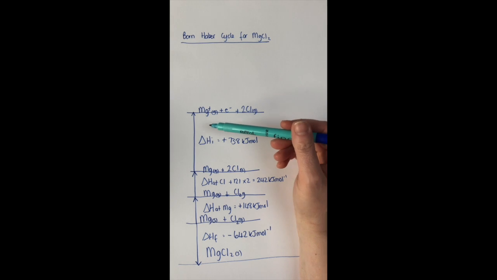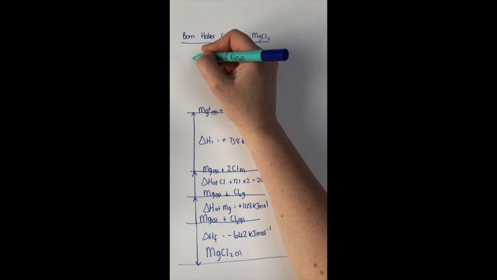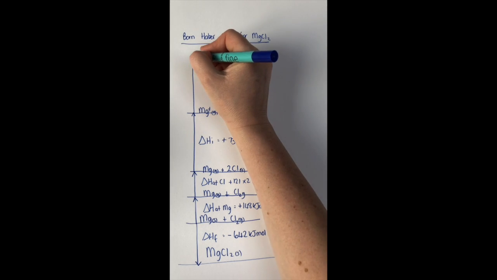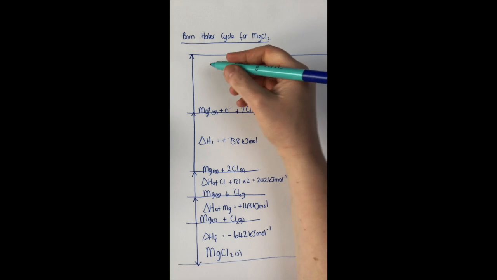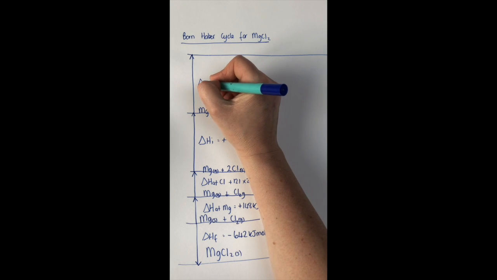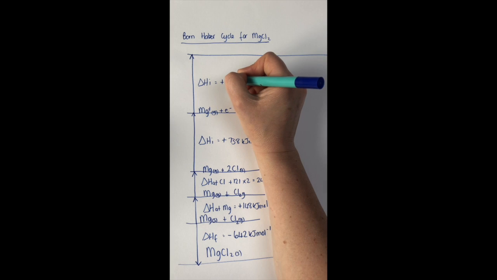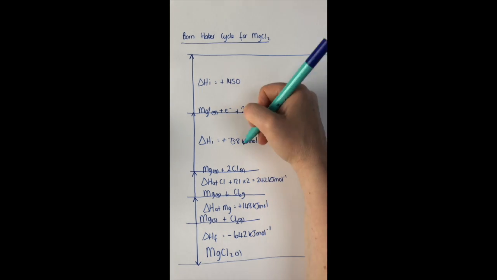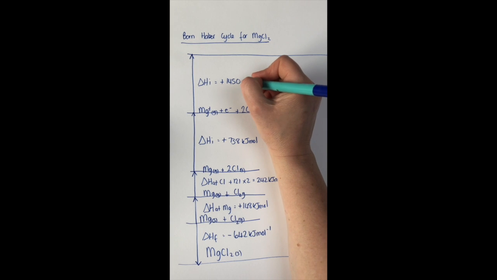Okay, so that is our first ionization energy, but of course we need to then ionize that further to form a 2+ ion. So again, I need to draw an arrow. Now this isn't overly proportional, to be fair, and you'll see why in a moment when I show that the second ionization value is plus 1450 kilojoules per mole. So of course the arrows aren't overly proportional, but they're going in the right direction. That's the key thing here.